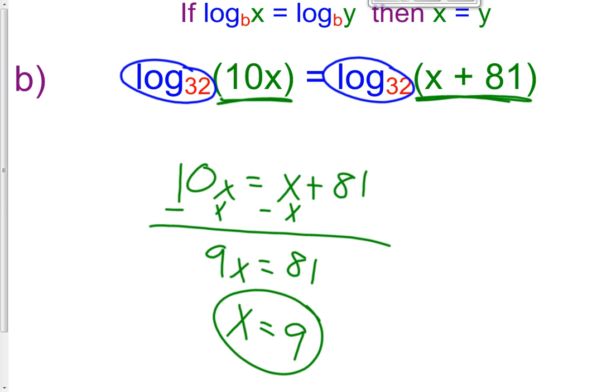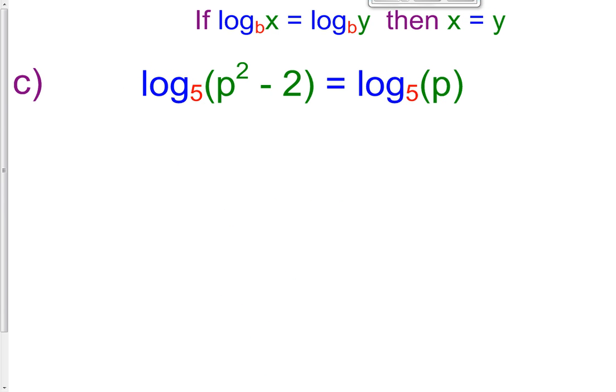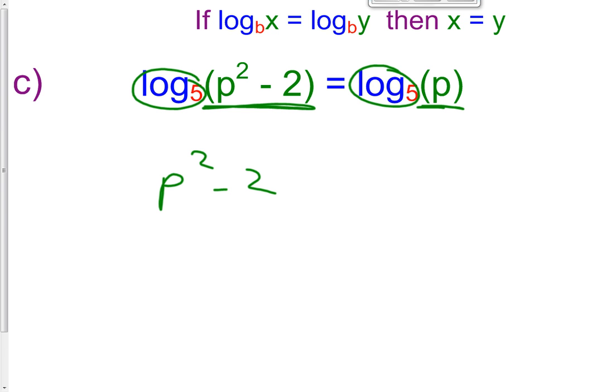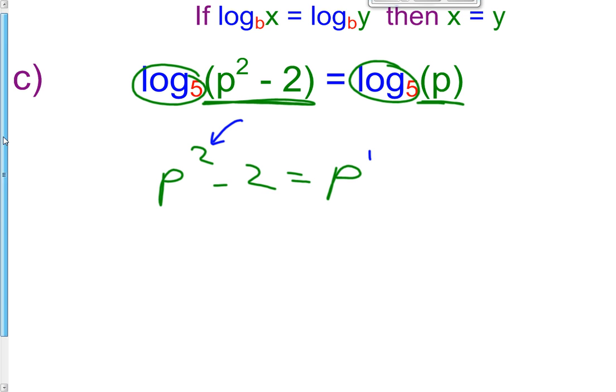And now problem letter C. Log base 5 and log base 5. If they have the exact same log base, you can set p squared minus 2 equal to p. P squared minus 2 equals p. To solve for this, whenever you see a squared term and a variable raised to the 1st power, you're most likely going to solve by factoring.